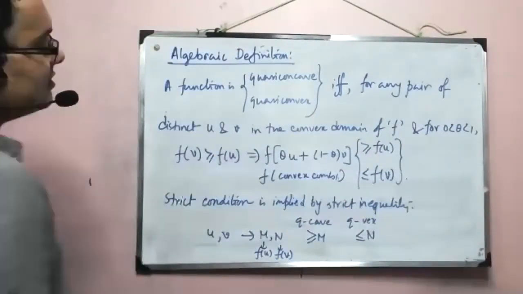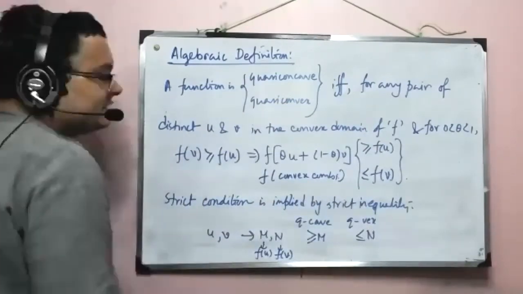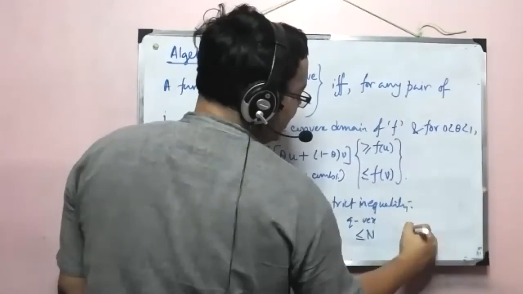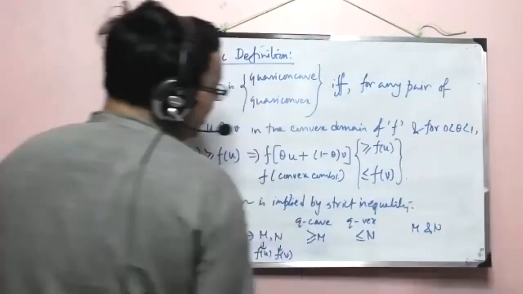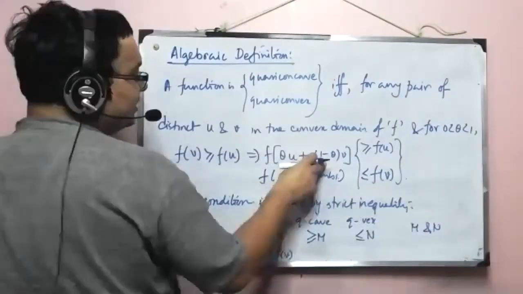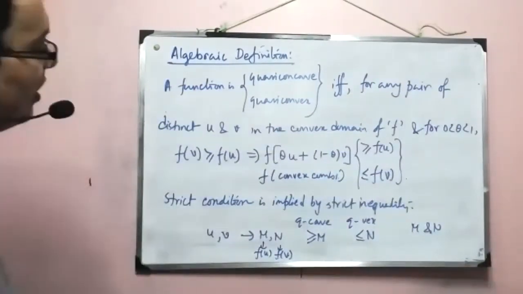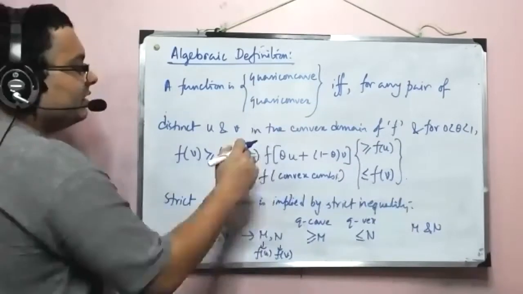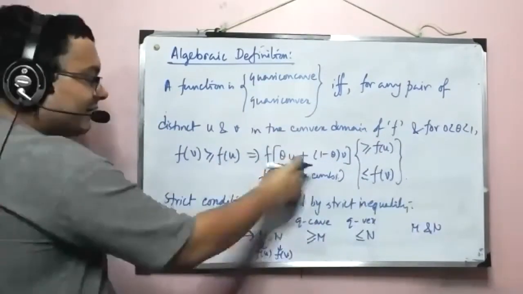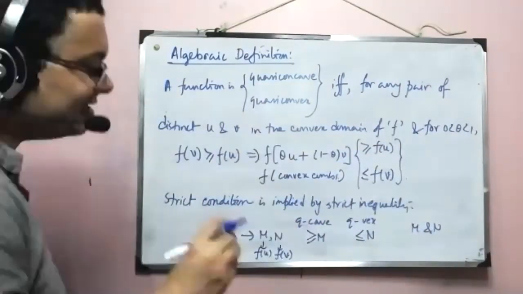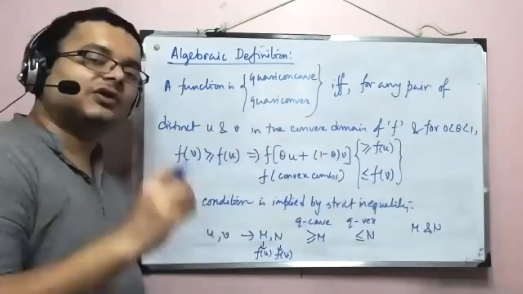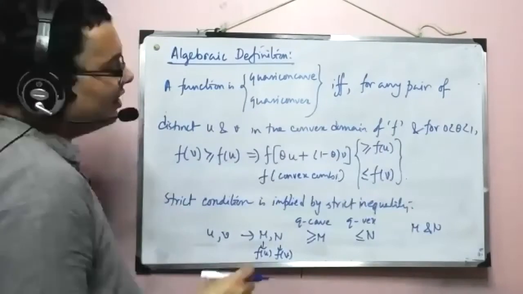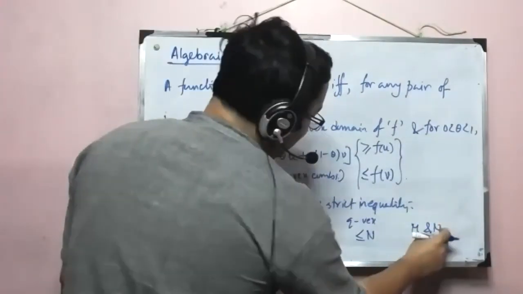Now a convex combination will always lie between the endpoints. And what are the endpoints? The endpoints are m and n. So by taking the convex combination of u and v and looking for the functional value under this convex combination, we are essentially saying that we are talking about those points in function f which are in between m and n.